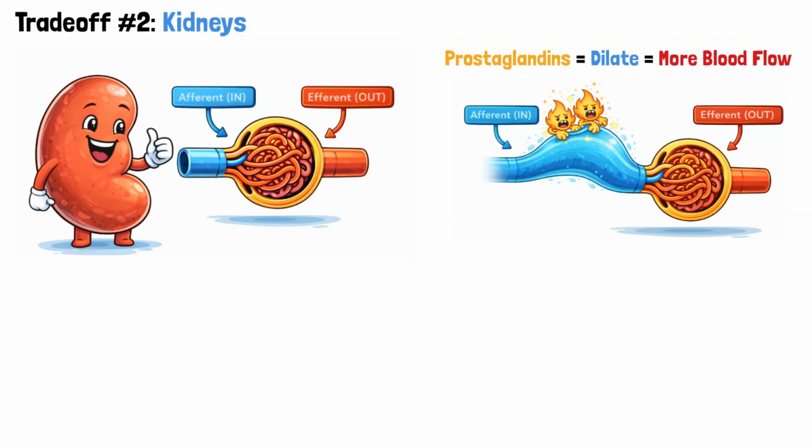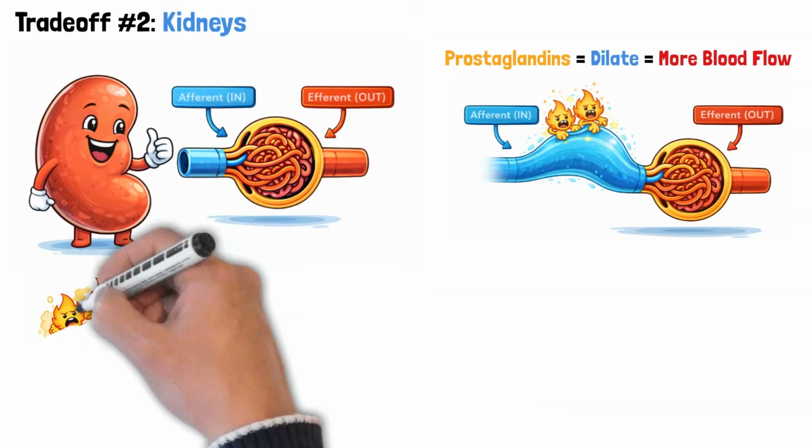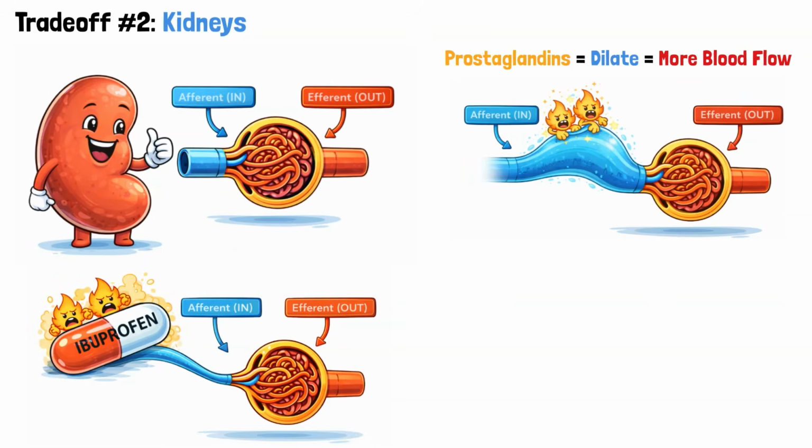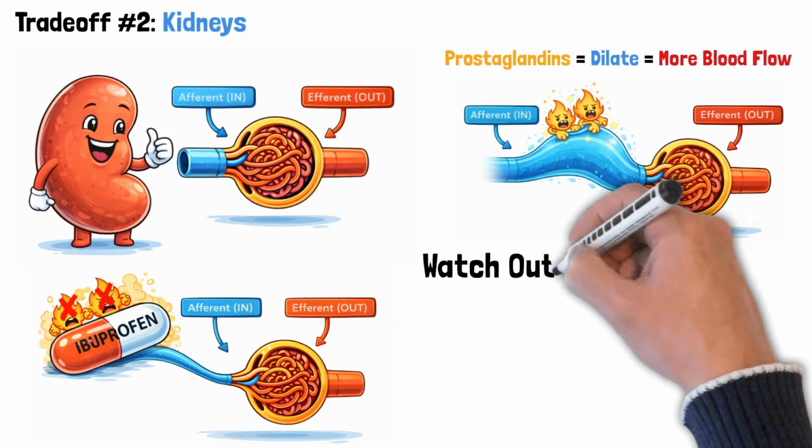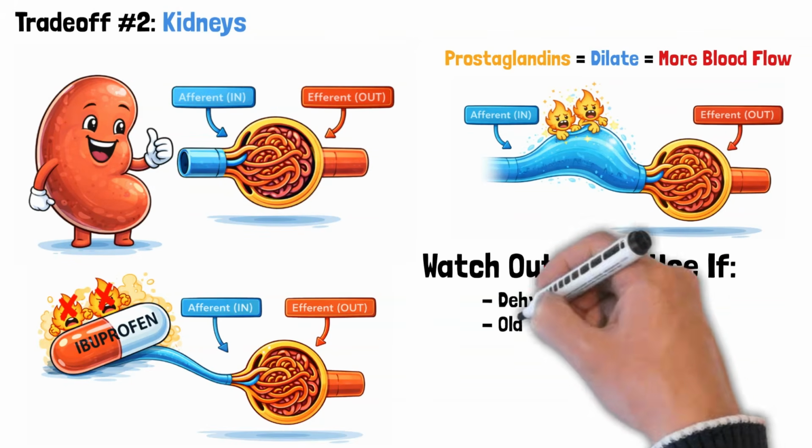So prostaglandins help dilate the afferent arteriole, basically the blood flow going into the glomerulus, what is filtering. NSAIDs remove the dilation. So you're basically blocking some flow to the kidneys so that afferent arteriole can constrict and the kidney blood flow drops, which drops your GFR, your filtering ability.